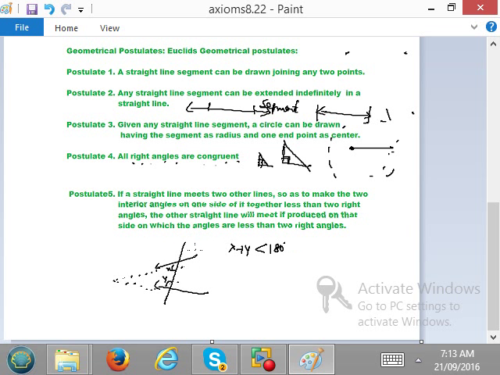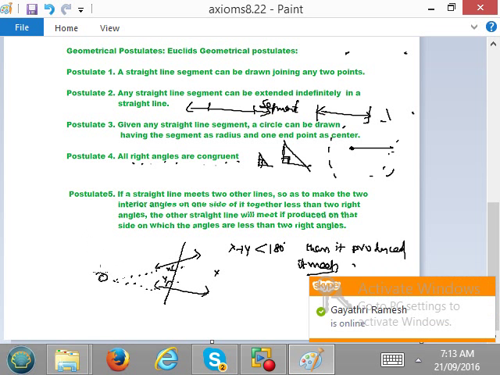On this side, if it is extended, it won't meet, because the distance will increase as it goes. Then, if produced, it meets. It means at some point you say, oh, it's correct. That is all.